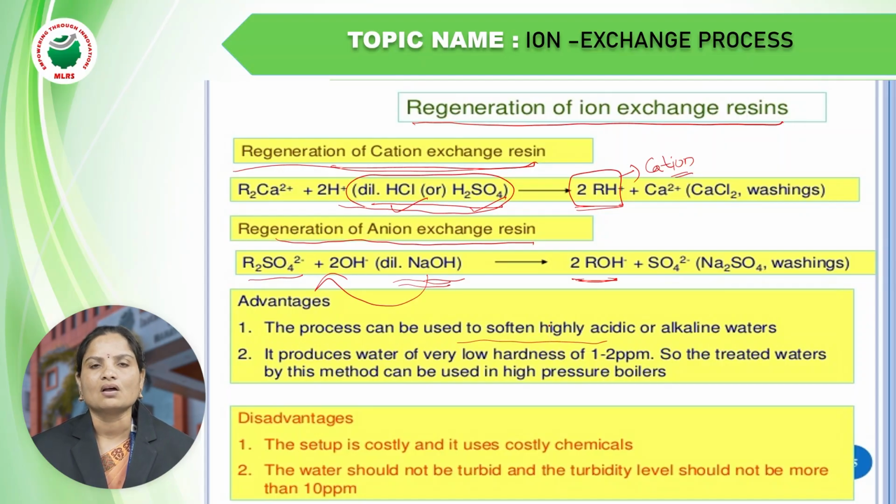That means almost all the hardness-causing salts can be eliminated by the ion exchange process. This water can be used for domestic and industrial processes, and this method can be used for high pressure boilers. We can also treat highly acidic or basic water in this process.